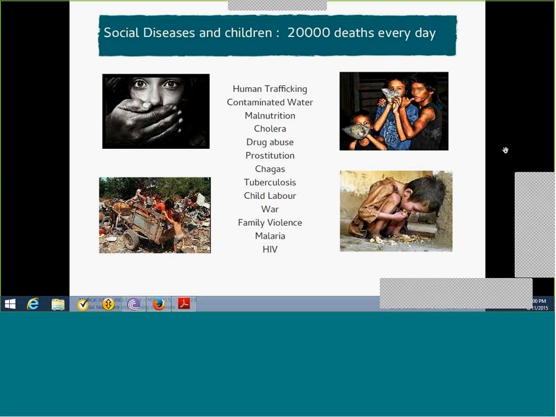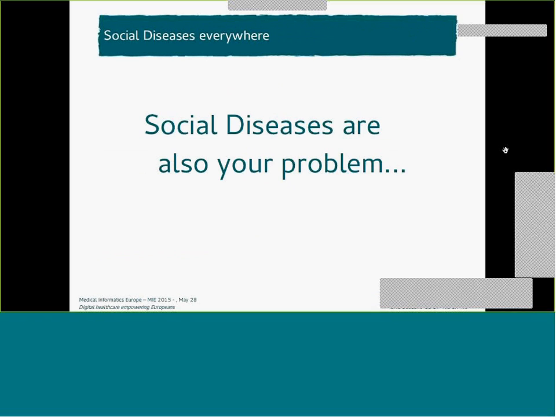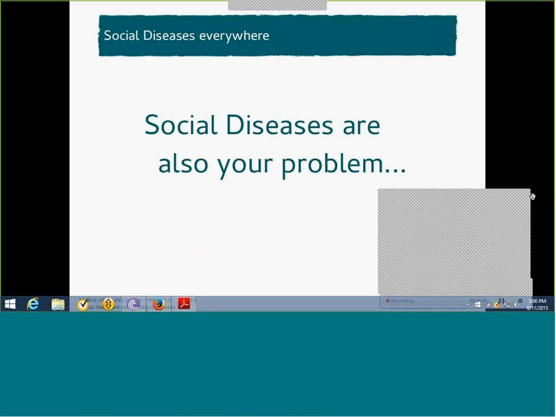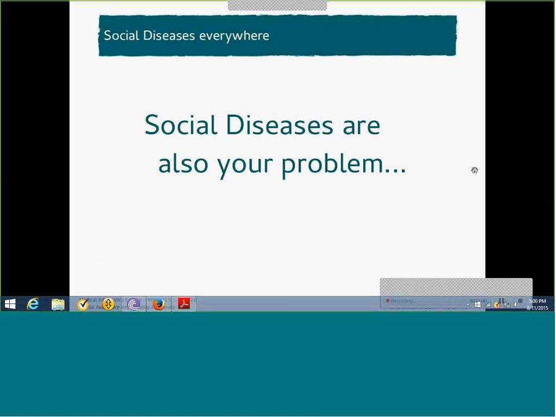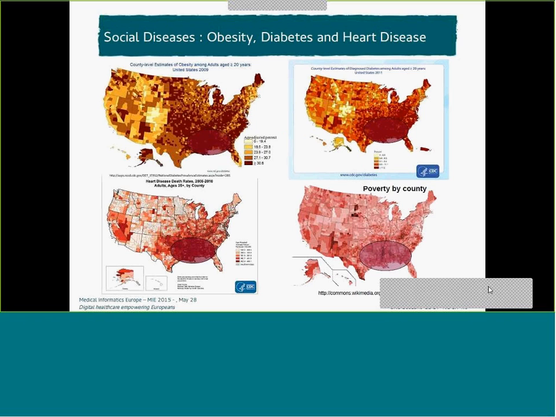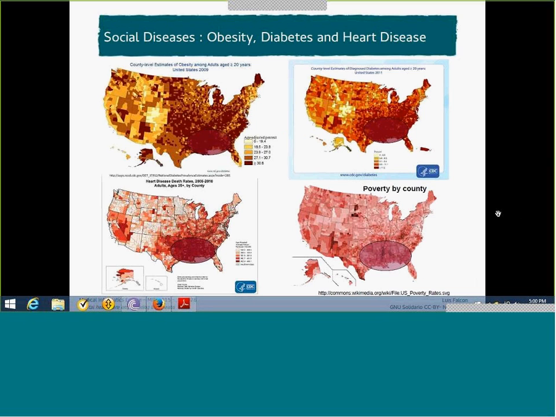Of course, in the coming slides, we'll see that this is not only a problem of developing countries. In the slide that I'm showing now, we see a map of the United States, where the east part is broken down by developed areas.